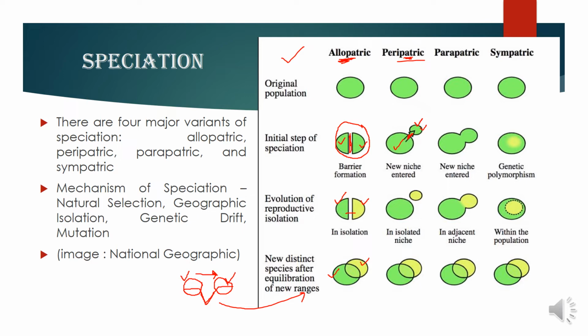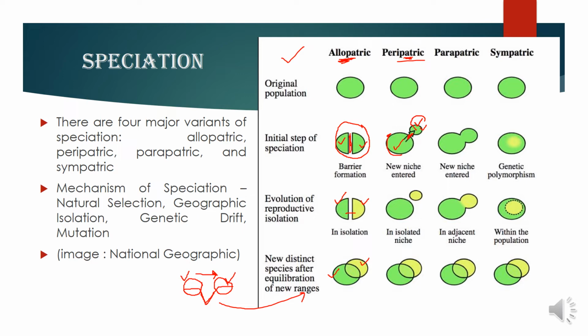So these few individuals started to live in this small niche and started developing new characteristics, because the ecological condition in the parent niche is a bit different from the ecological condition present here in this small area.